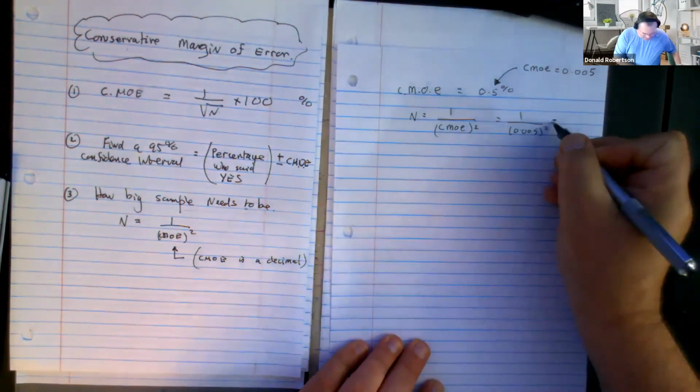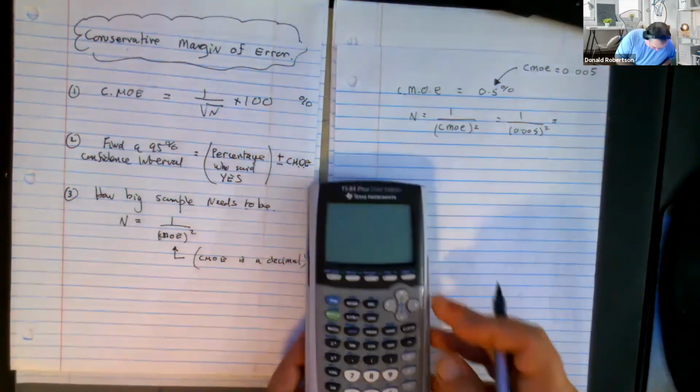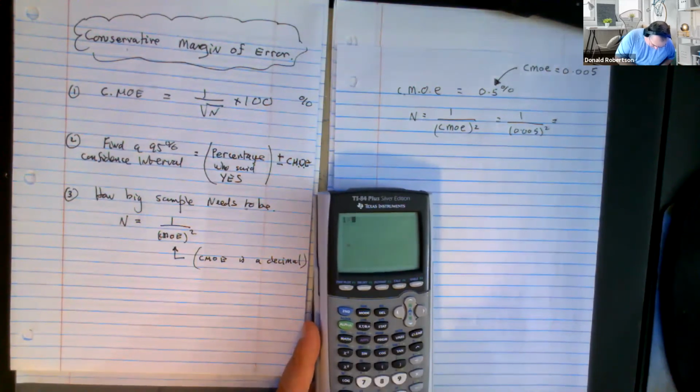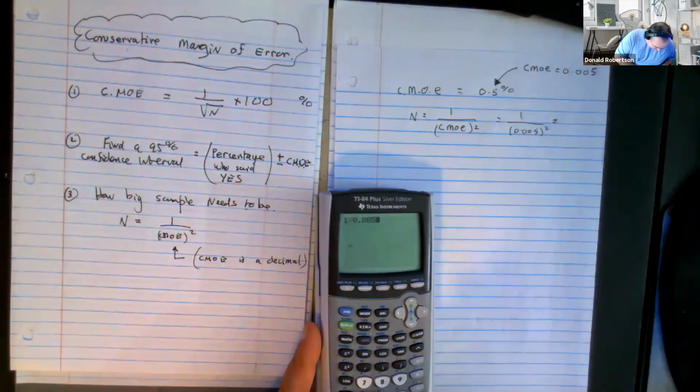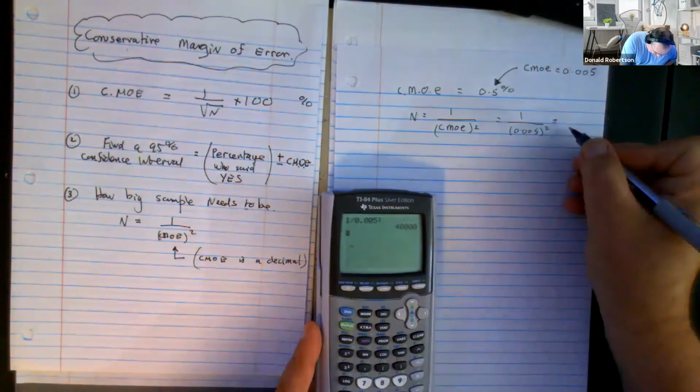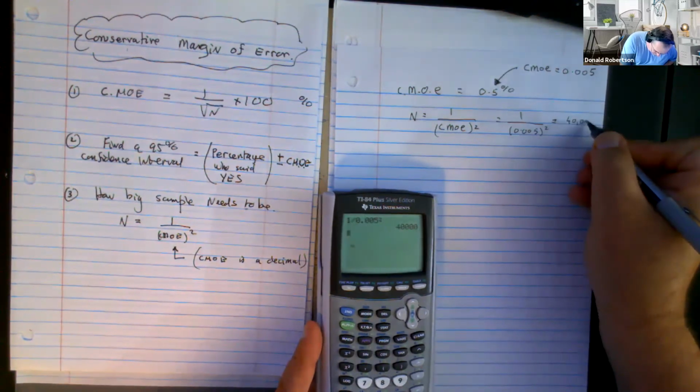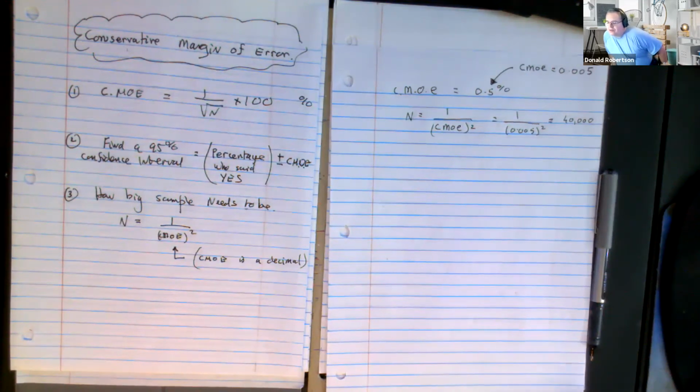Now, this is what calculators are for. 1 divided by 0.005 squared, and we are looking at, good grief, 40,000 people. And it doesn't matter what the question is. You could be asking them, have they been to Scotland?